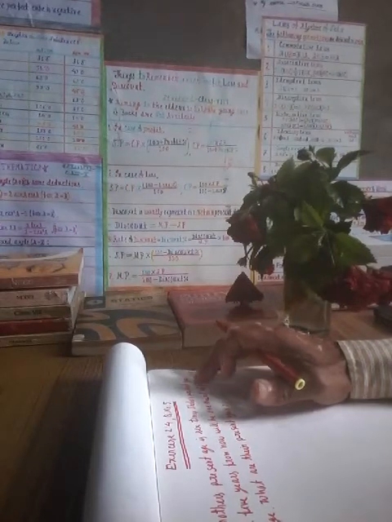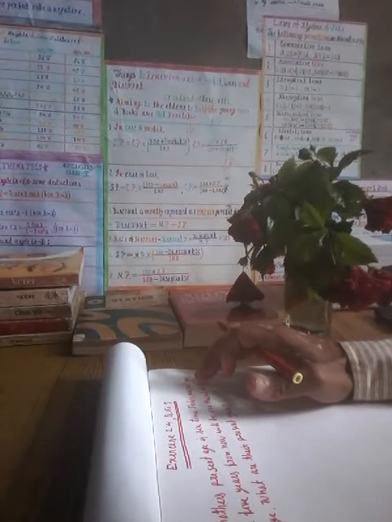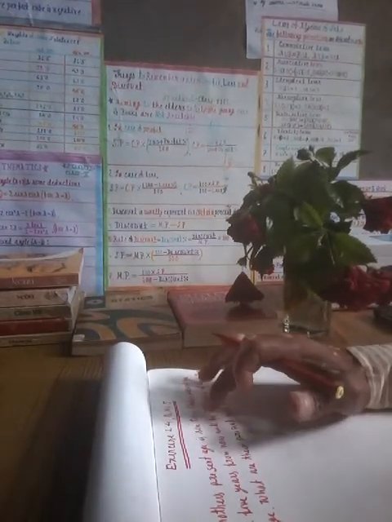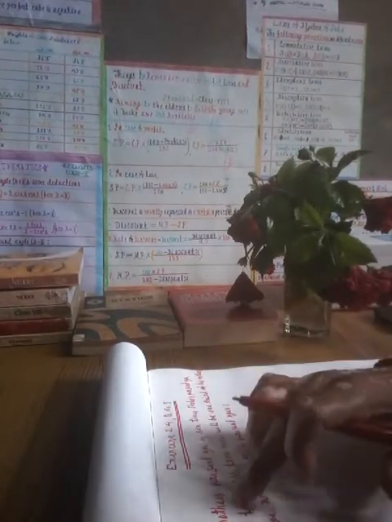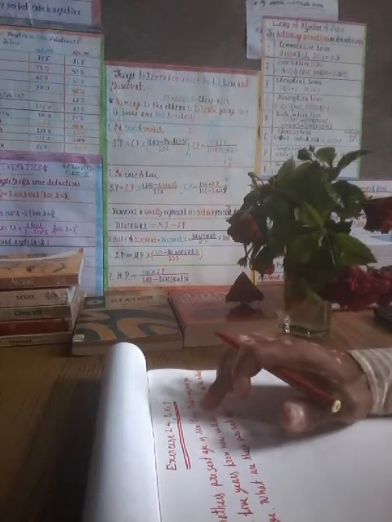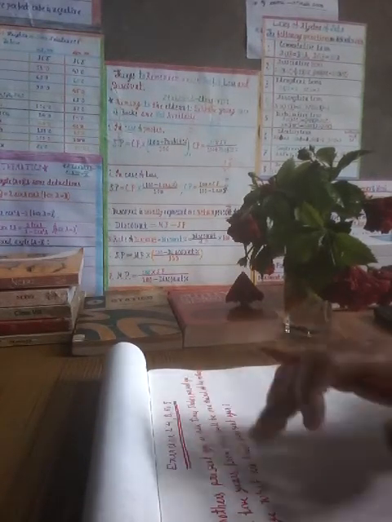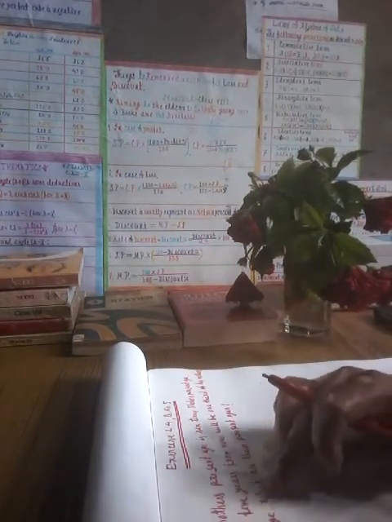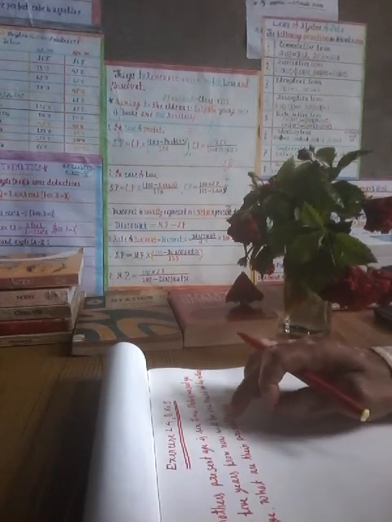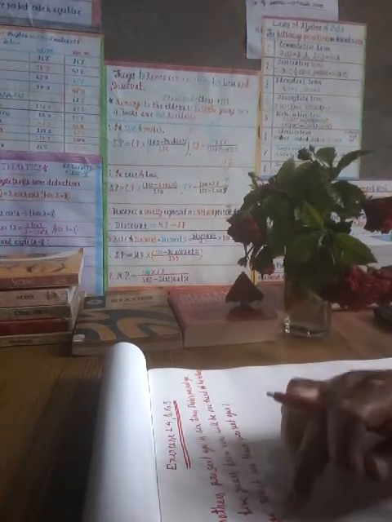That means if we take Subhu's present age to be x years, then according to the first part of the question, Subhu's mother's age will be 6x years, 6 times x. The second part of the question is: Subhu's age 5 years from now will be 1/3 of his mother's present age.